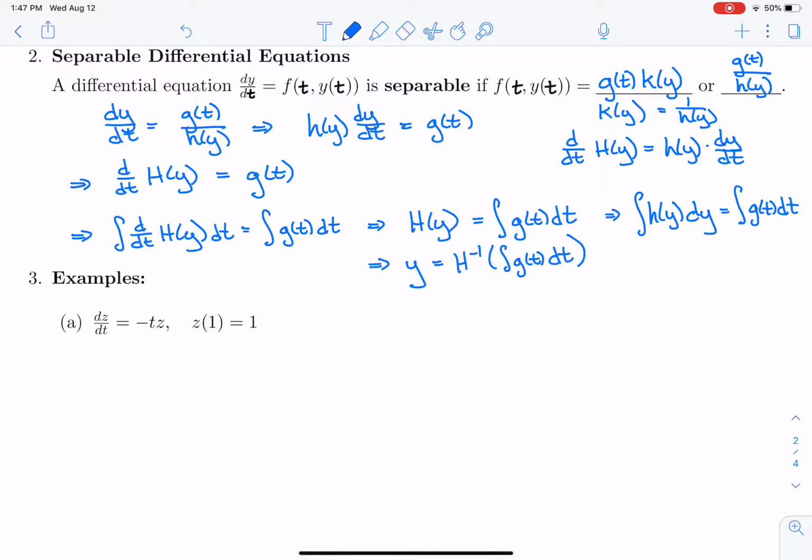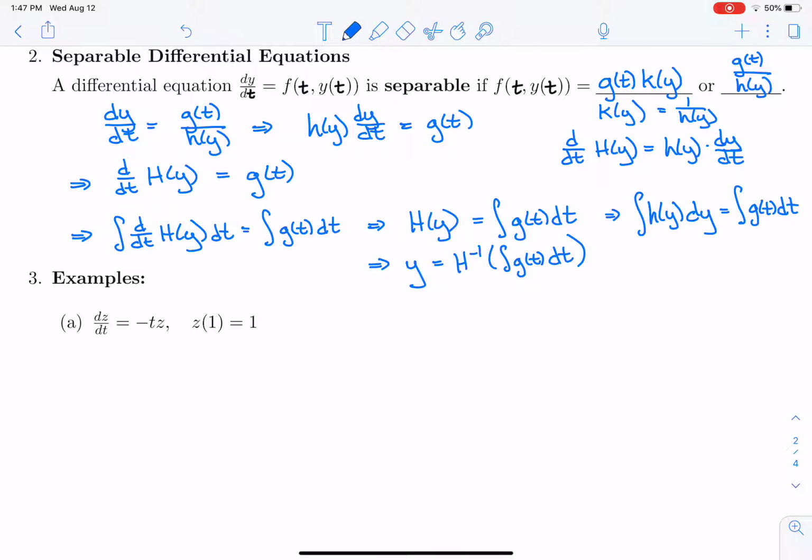And so this makes the technique of separation of variables very limited in its application, because I'm only going to be able to solve for y in certain nice cases. And in many of those cases, it's going to be an important application, like the Torricelli's law that you saw previously. And so it is applicable, but it's not going to work in every case.